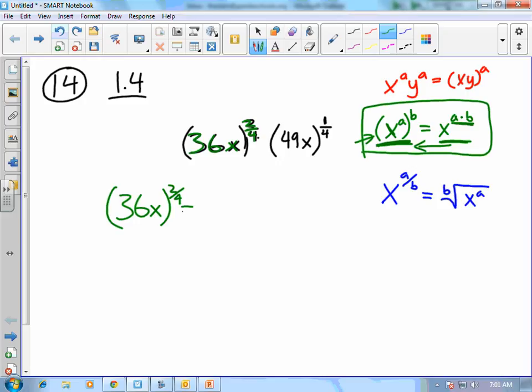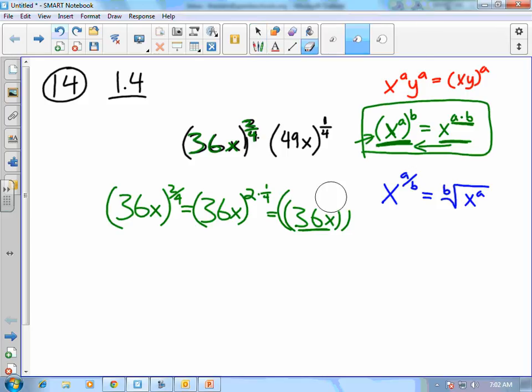That's the same thing as 36x to the 2 times 1/4. And that's the same thing as 36x squared to the 1/4 power. It looks messy because of all the parentheses, but just think of this 36x as the y we had before. If you need to rewind the video to look at that, replace all the 36x's with y's, and this is the exact same thing we did before.